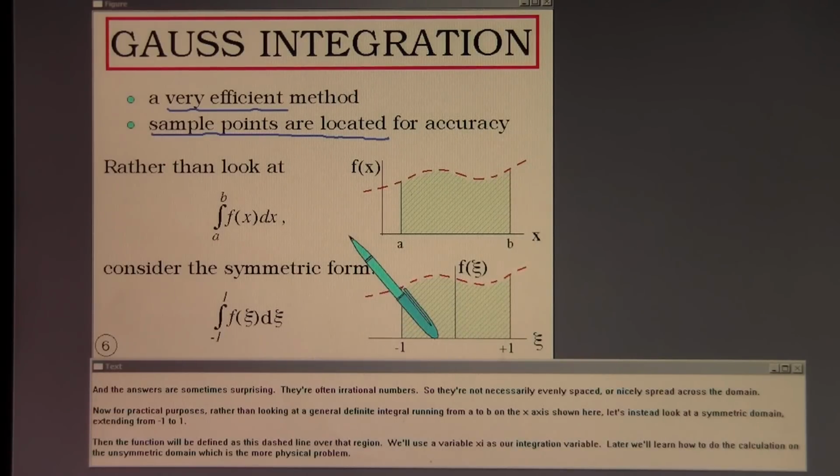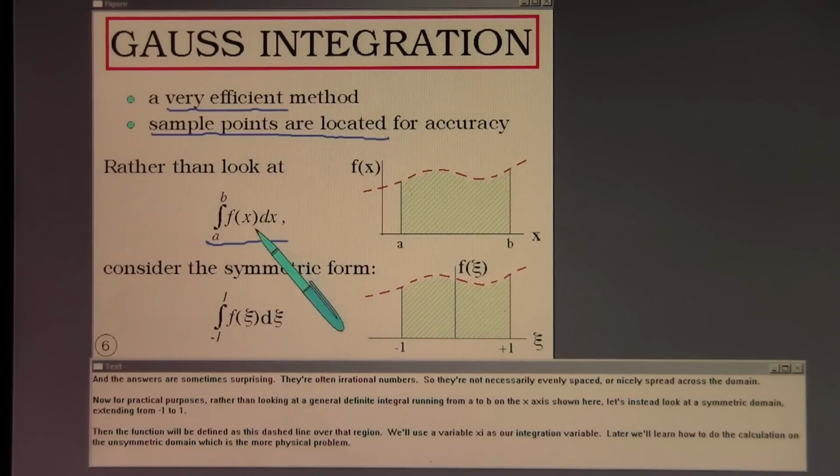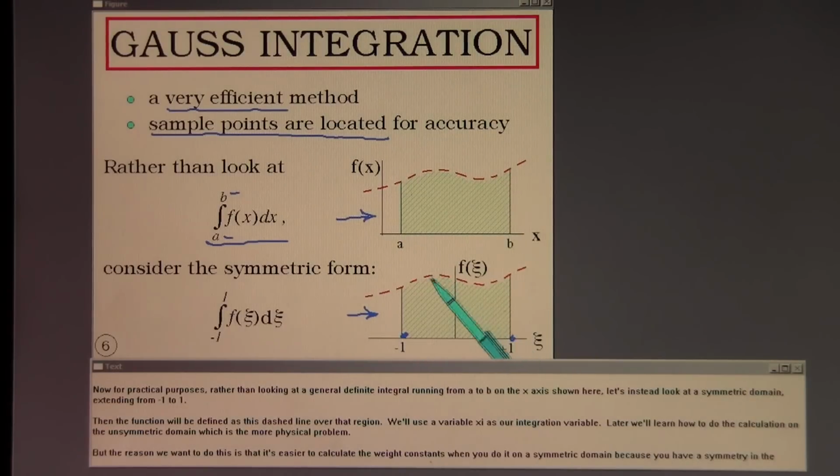Now, for practical purposes, rather than looking at a general definite integral running from A to B on the x-axis shown here, let's instead look at a symmetric domain extending from -1 to 1. Then the function will be defined as this dashed line over that region.